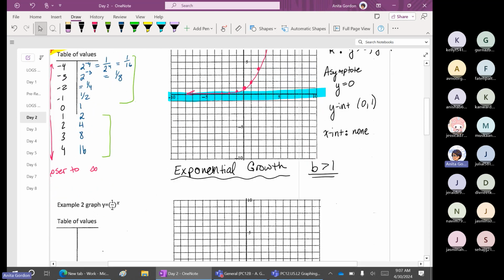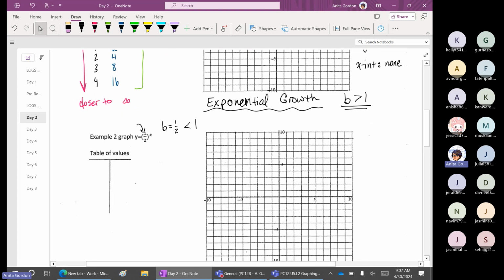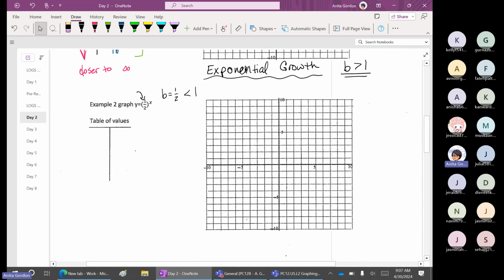On the opposite though, if your base is less than 1, so here my base is 1/2, which is less than 1, we are going to see exponential decay, means it's going to get smaller and smaller. So let's test the same values that we did in the previous example. So from -4 to +4.